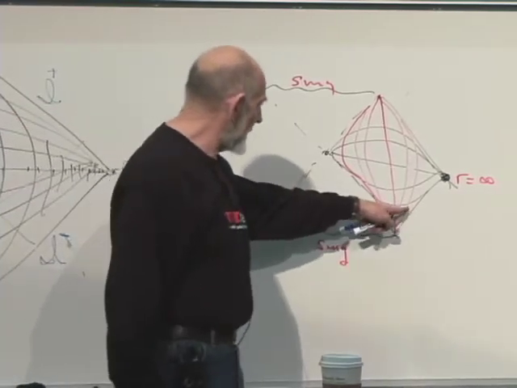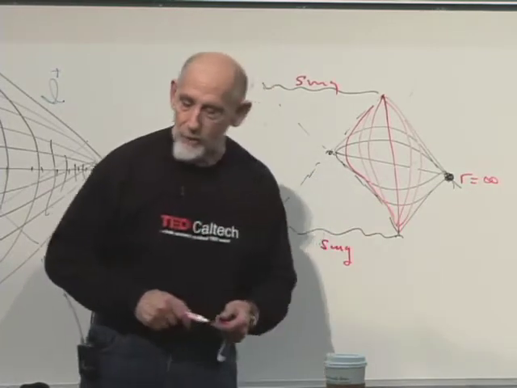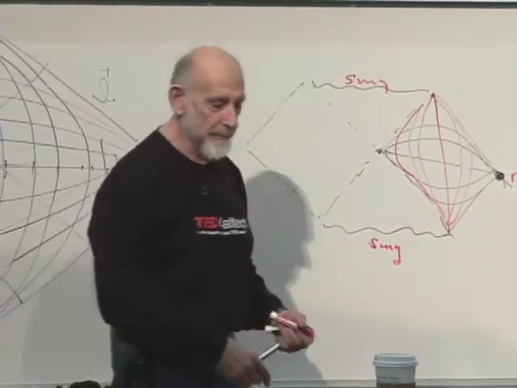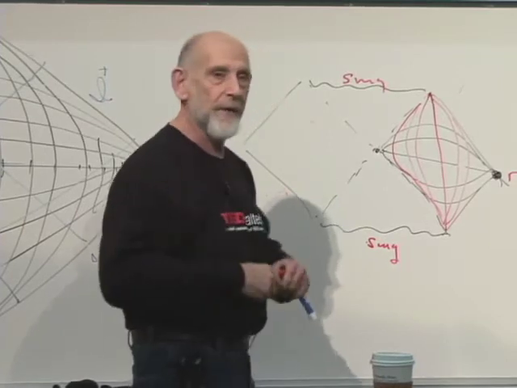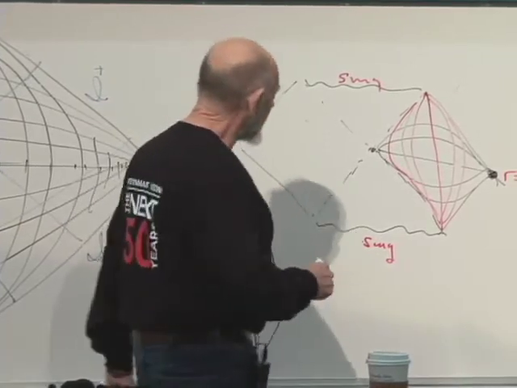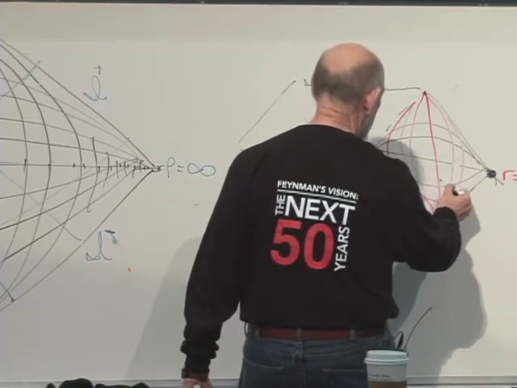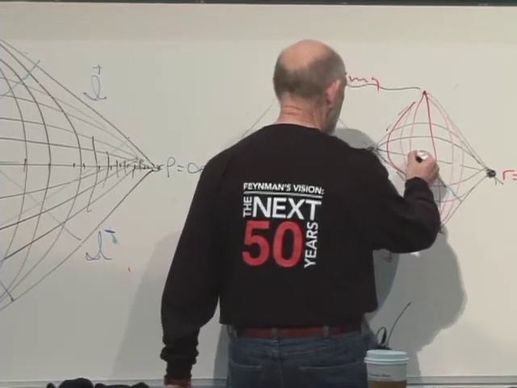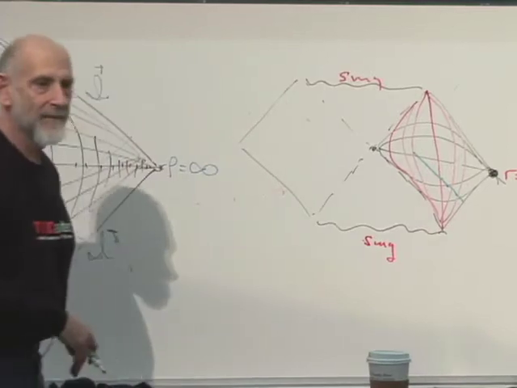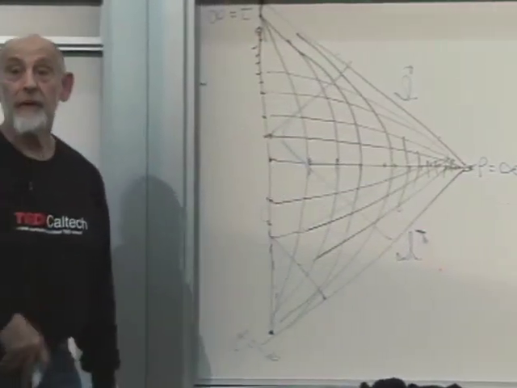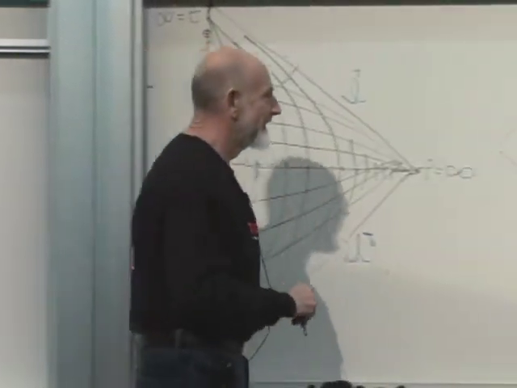They come in from here, but now they don't bounce off the origin. What happens to them if they're radially inward? Do they bounce off and go back out? No, they fall into the black hole.